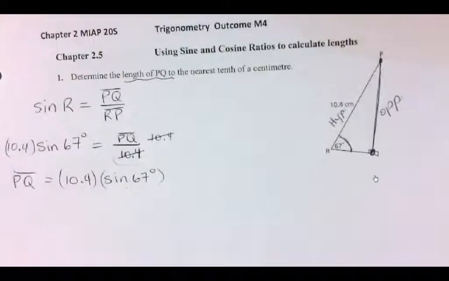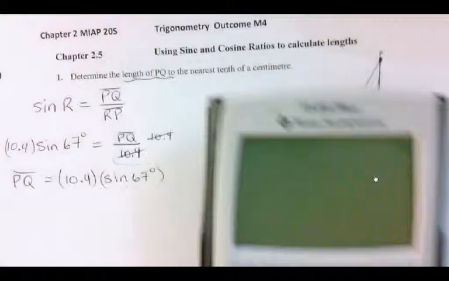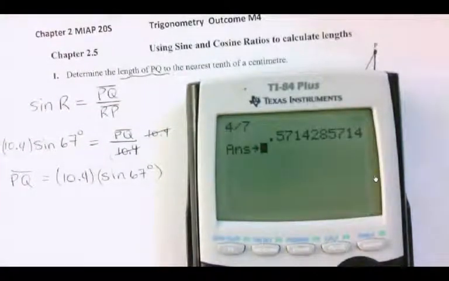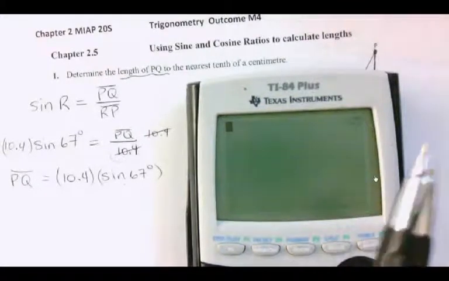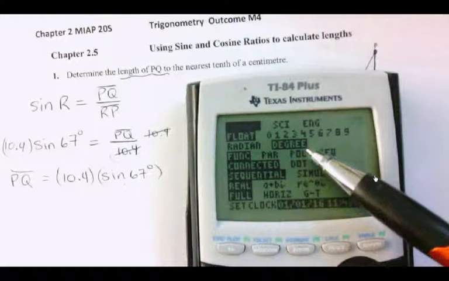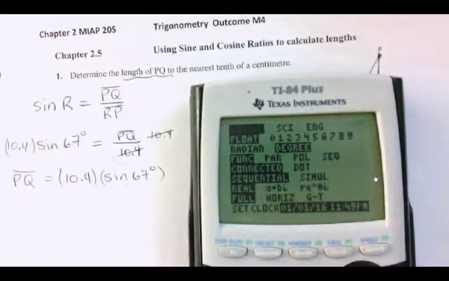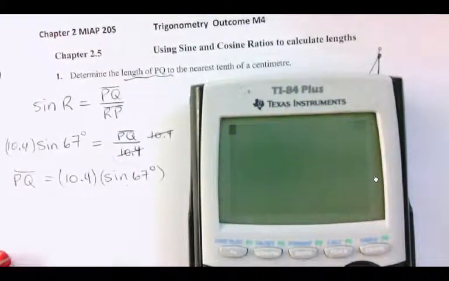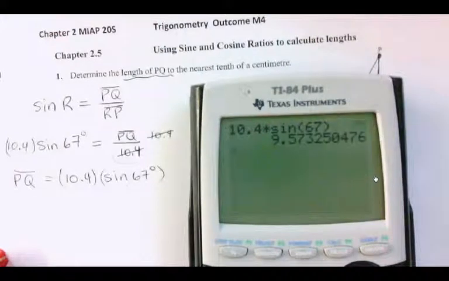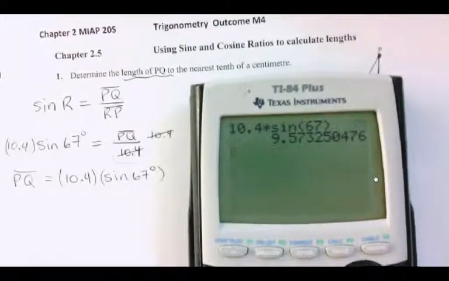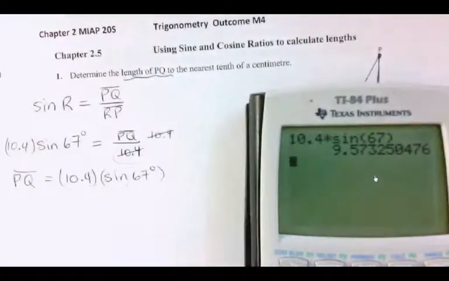Make sure you're in what kind of mode on your calculator? Make sure you are in degree mode, okay? So you've got 10.4 times sine of 67. All right, so we get 9.5732.